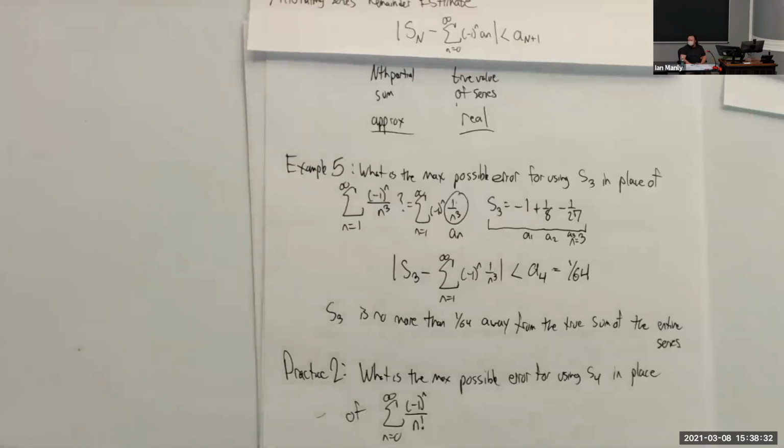Isn't 0 factorial 1? Yeah, that's right. It's kind of weird. It doesn't quite feel right, but that really is the case.